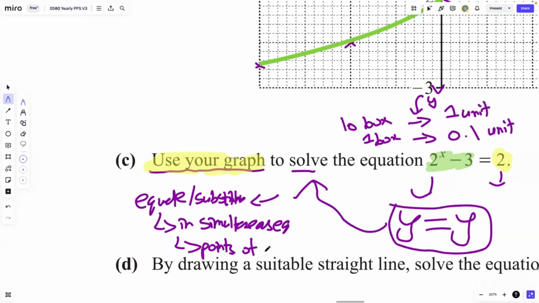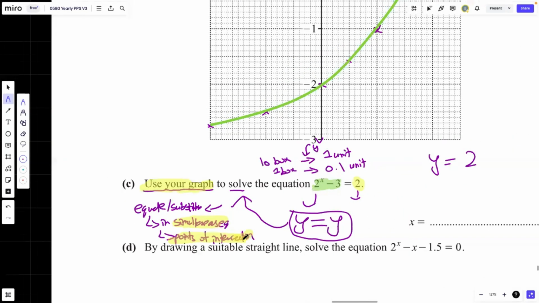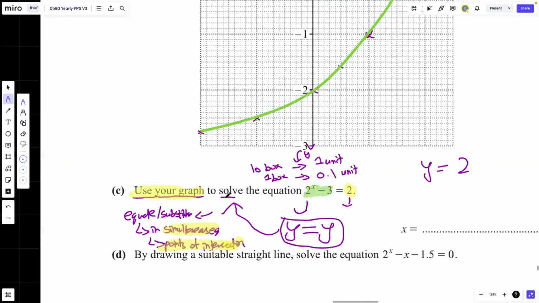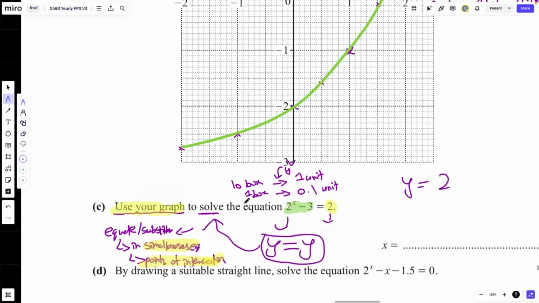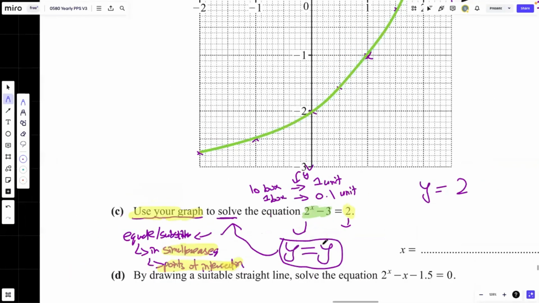Points of intersection. That is very important to understand: a simultaneous equation gives you the points of intersection where the two graphs, not calling them lines, can be a line or a curve, both intersect. The x and y coordinates where they're intersecting is what a simultaneous equation gives. So equating the two y's, solving would mean the x answers, and you equate both of them. So that's how you would be equating both the y's.